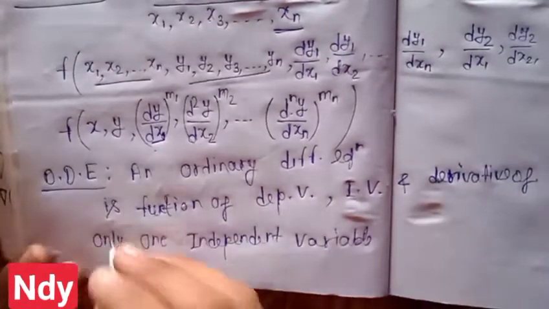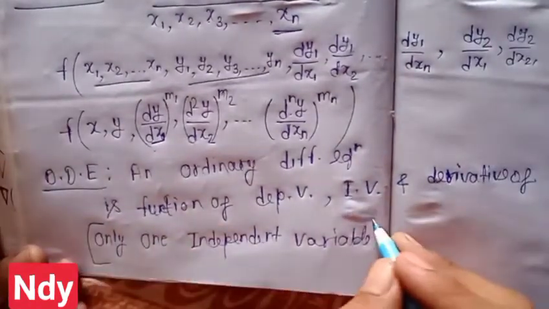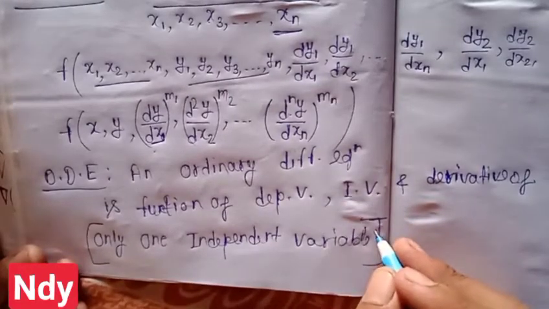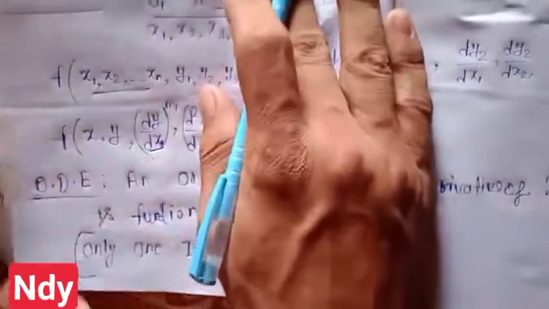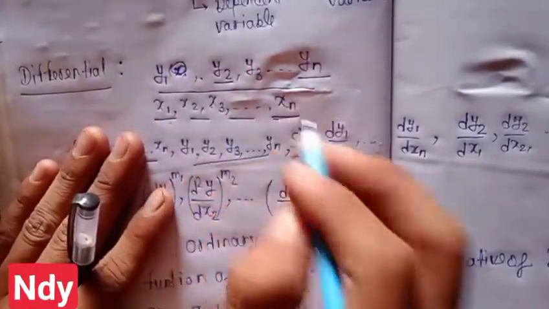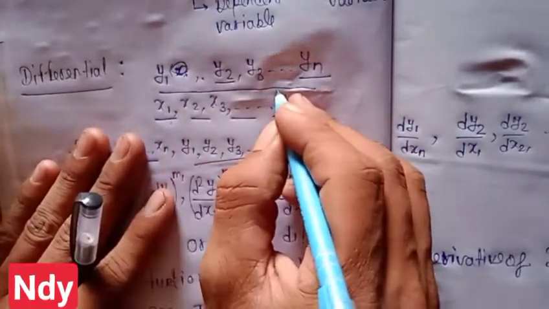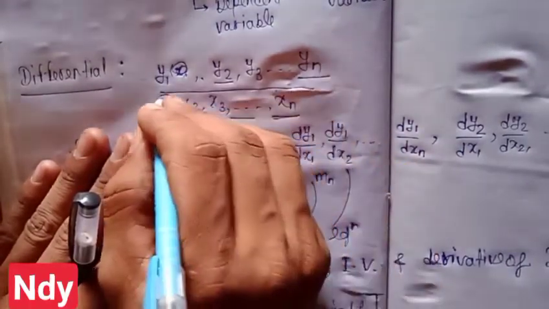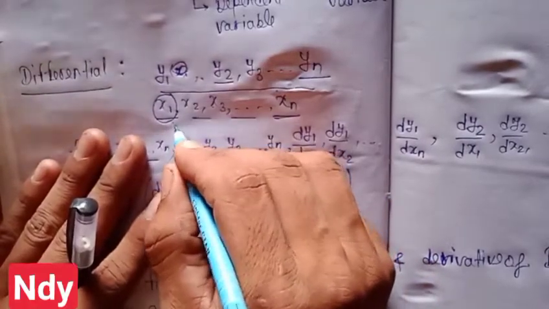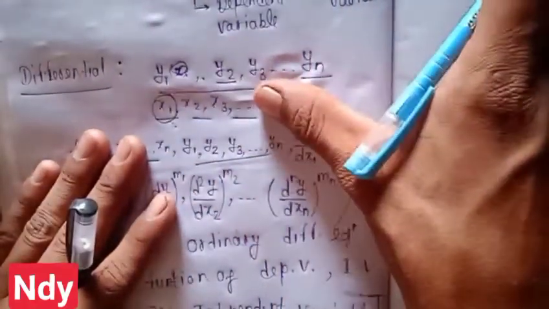Okay, so for the ordinary differential equation we have only one independent variable, means just like in this case these are independent variables, but for the ordinary differential equation we have only one independent variable. Let's say it x1, not these all.